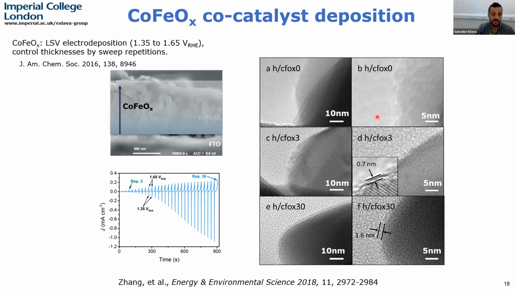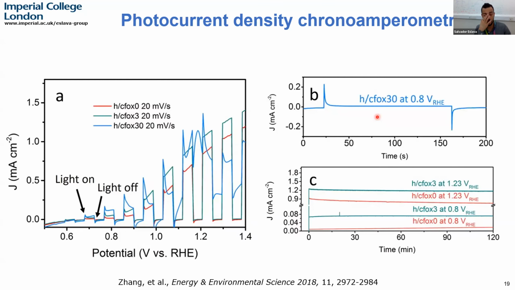We characterized these films very well, and we can see that the photocurrents were different. So in all the cases, we have better photocurrents when we have more and more electrocatalyst. However, these photocurrents, and the dark currents, look kind of tricky. What we could see is that when we have too much electrocatalyst, which is still not that much, just 1.6 nanometers, the photocurrents go down with time, and eventually you have the same photocurrent as the photoanodes without any electrocatalyst.